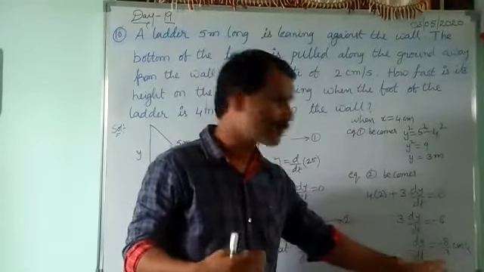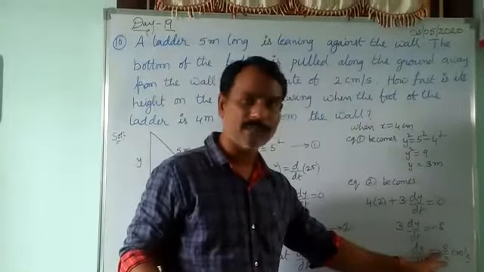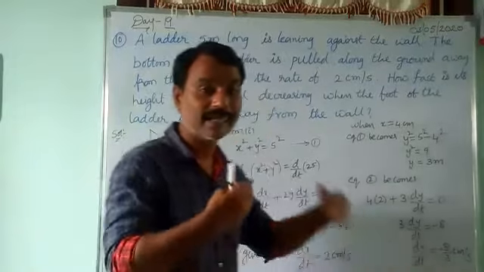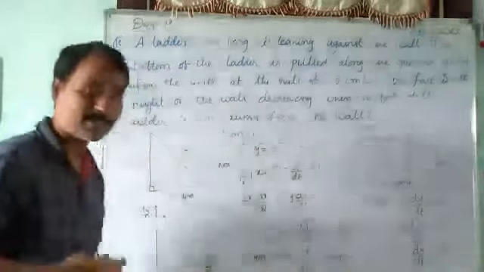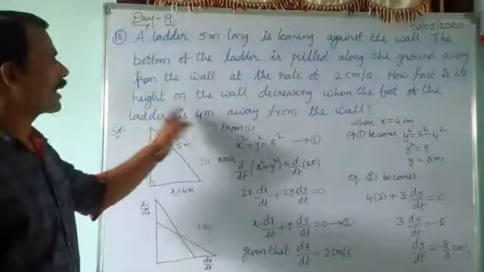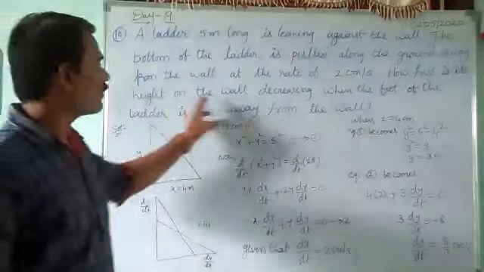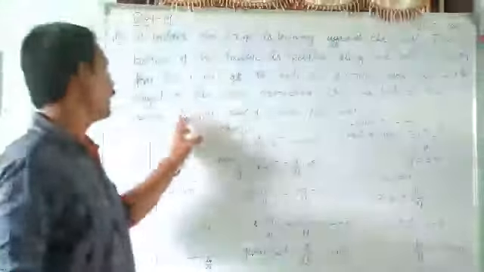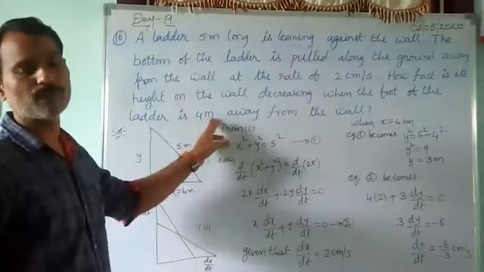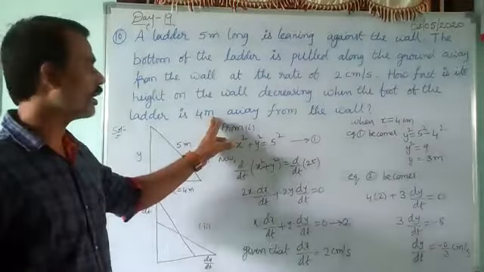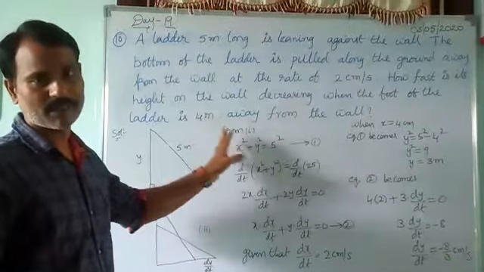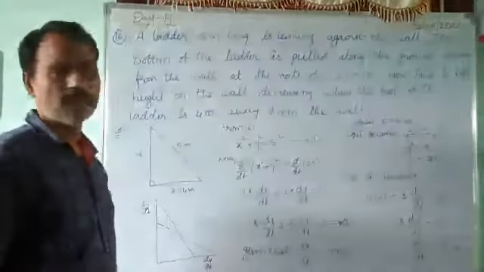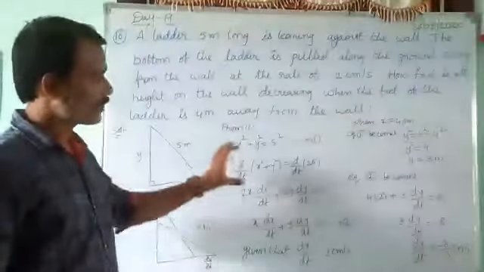It is decreasing because of the sign of the number: minus means decreasing, and if it is plus it means increasing. So write thus the height of the wall is decreasing at the rate of 8 by 3 centimeter per second when x is equal to 4 meters away from the wall. This is the meaning of the problem and this is the solution.